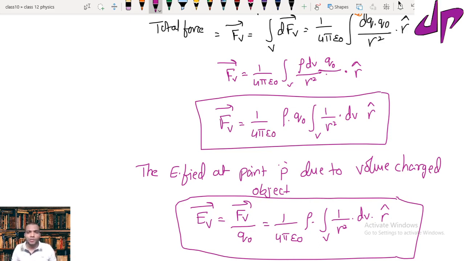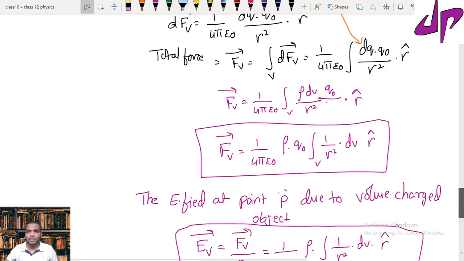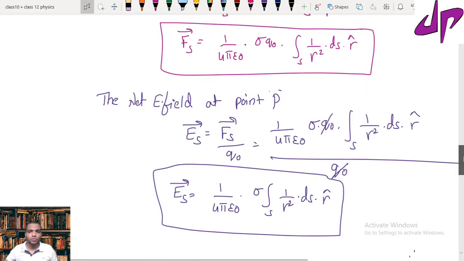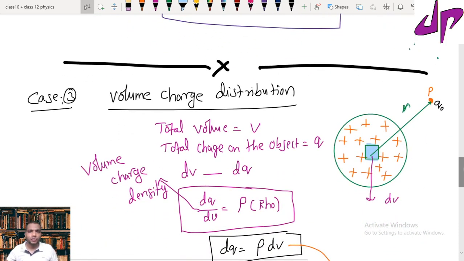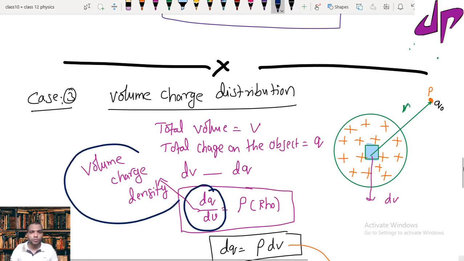But in a later section we will discuss a theorem, Gauss theorem, that makes our problems very easy. But you need to know three definitions. First one, volume charge density, which is defined as charge per unit volume.